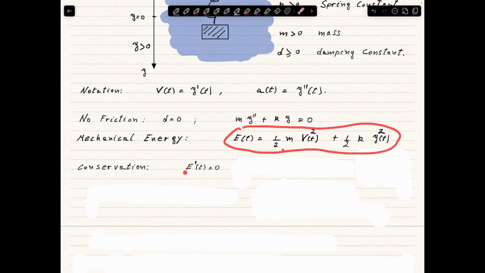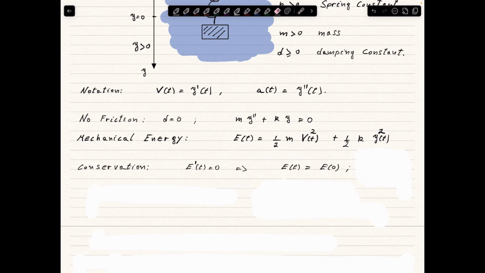That means the time derivative of that quantity is 0. And because the derivative is 0, this quantity remains constant along the motion and equal to the initial amount. So if we do a picture, this quantity, if we graph it as a function of time, is constant.